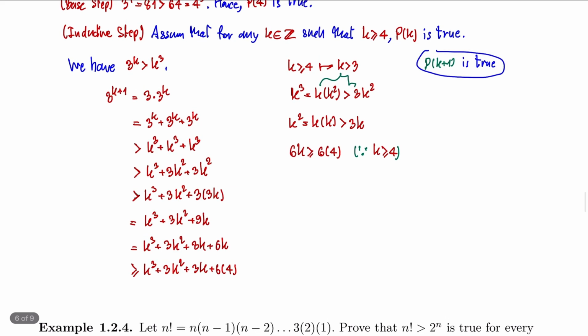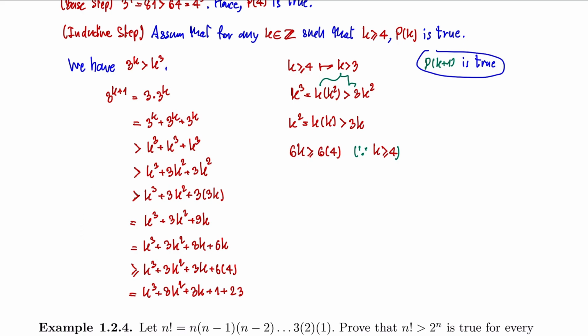Then it turns out to be, right here, k cubed plus 3k squared plus 3k. 6 times 4 is 24. I partition 24 into 1 and 23. Okay, 1 and 23 like this.